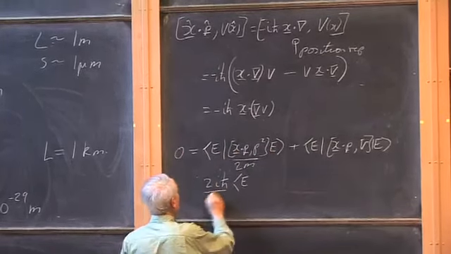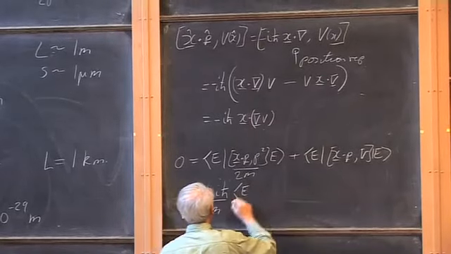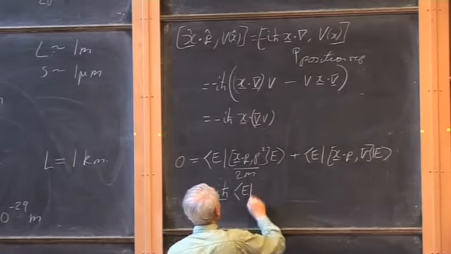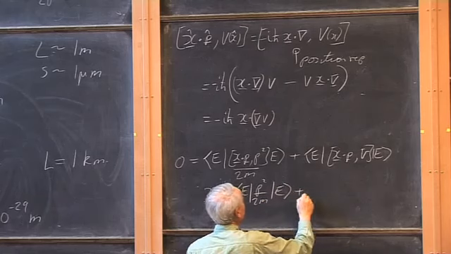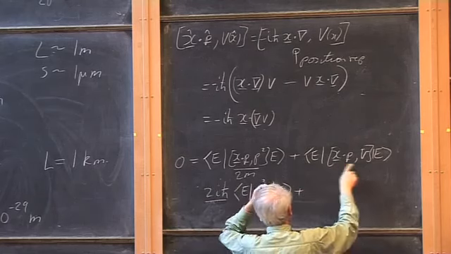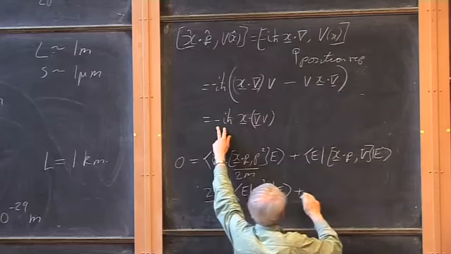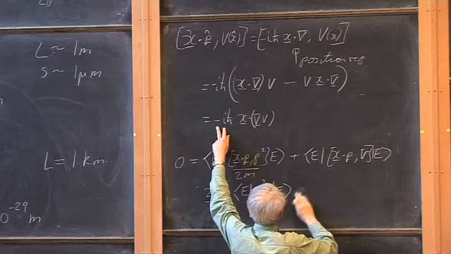So we have the expectation of p squared over 2m, plus, we figured out that this one was minus i h bar x dot gradient of v.